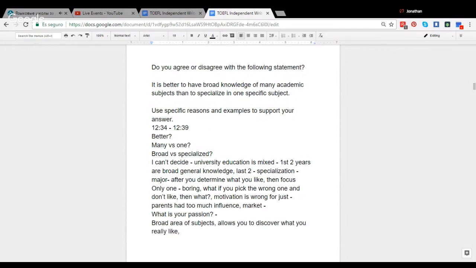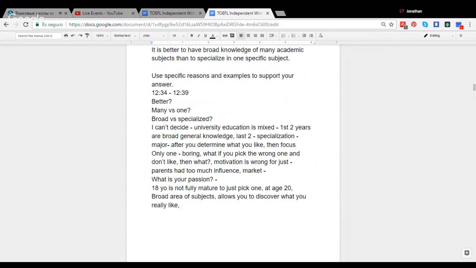Maybe also, an 18-year-old is not fully mature enough to just pick one. So maybe at age 20, it might be better. So a broad area of subjects allows you to discover what you really like.